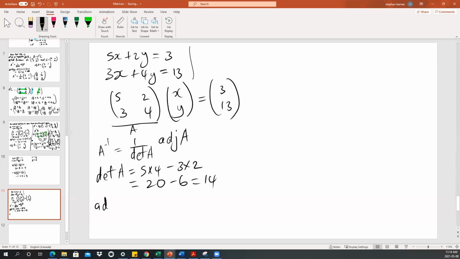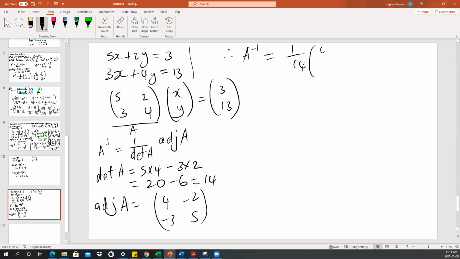Adjoint time now. Adjoint of A. We'll do the swap-a-do. So this becomes 4, 5. We apply some minus signs to our off-diagonal, and we're done. So the inverse of A is just 1 over the determinant, which is 14, and then we'll have this matrix here.